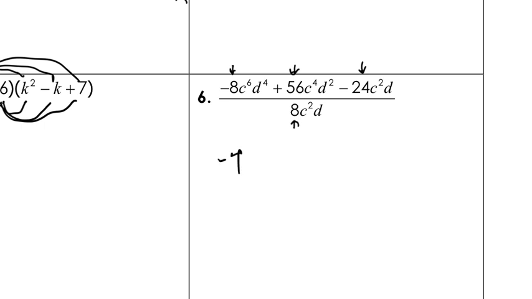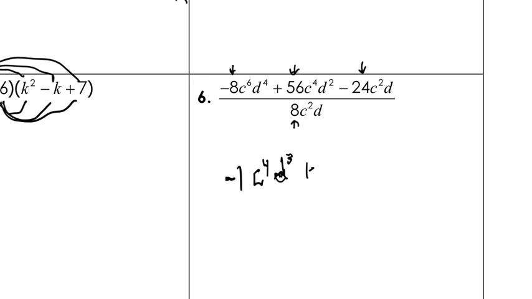So I'll just do the first one first, okay? So 8 into 8 is 1, so we've got negative 1. C squared, C6, there's a C4. D3 left on top, because there are 3 extra D's on top that are not on the bottom.